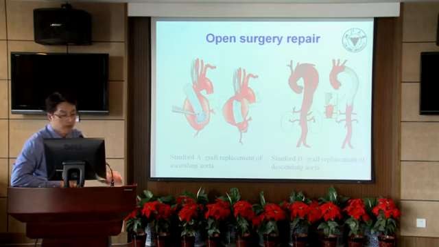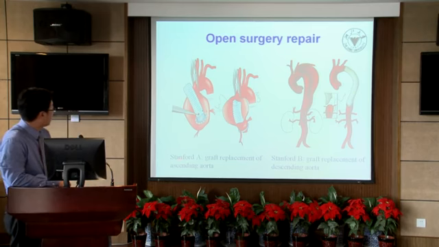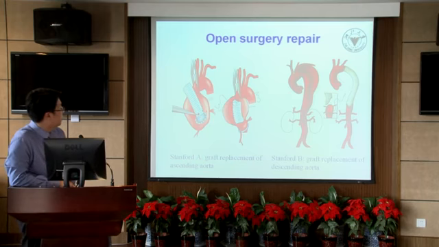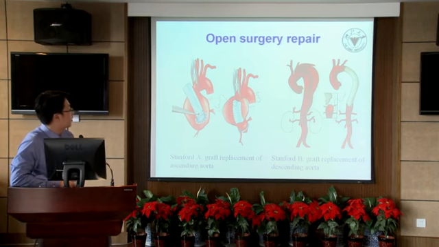Open surgery repair. If it is Stanford type A dissection, graft replacement of the ascending aorta. For Stanford type B dissection, graft replacement of the descending aorta.